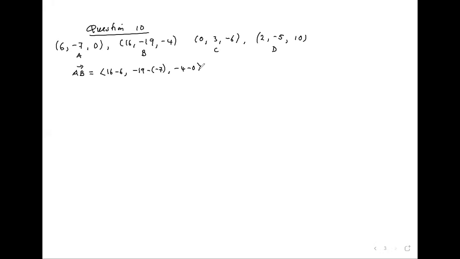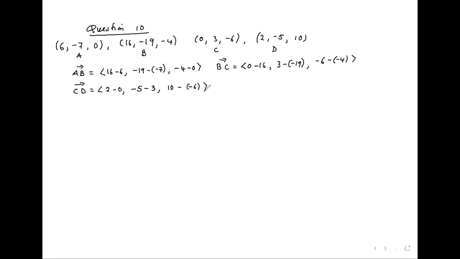You form vector BC, that is 0 minus 16, 3 minus negative 19, and negative 6 minus negative 4. Then CD: 2 minus 0, negative 5 minus 3, and 10 minus negative 6.